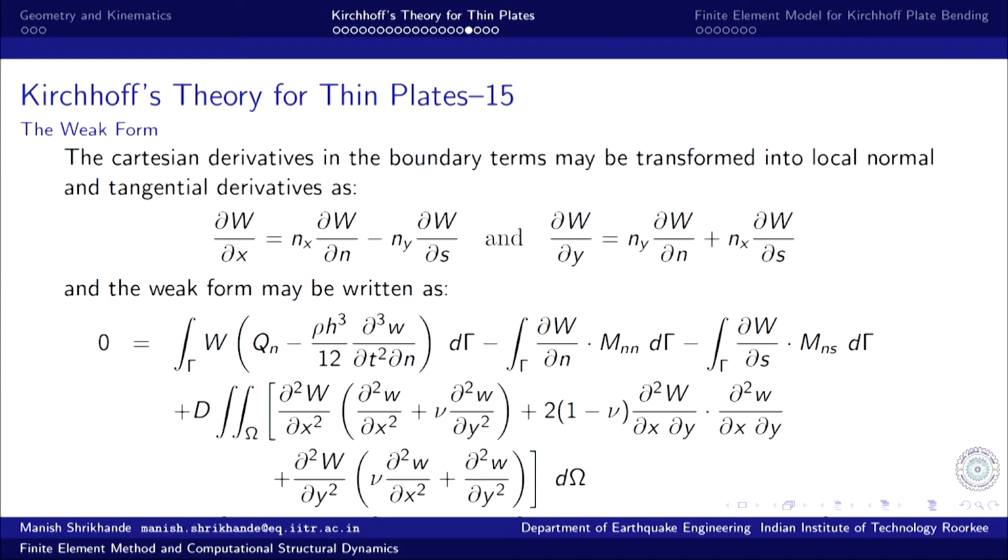We can again transform these into normal and tangential derivatives and combine the terms. So qx and qy can be combined to become qn, mx and mxy can be combined to become mnn, and similarly mns, so torsional and direct rotation.